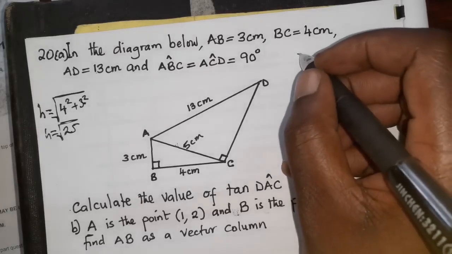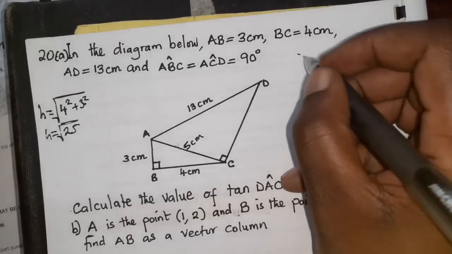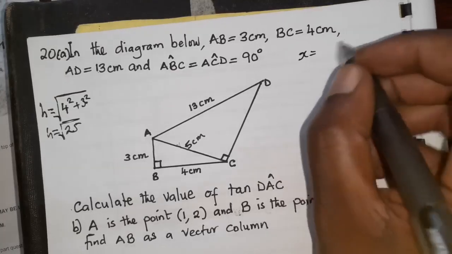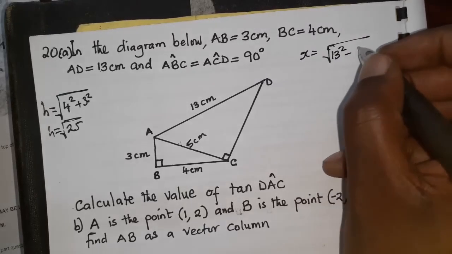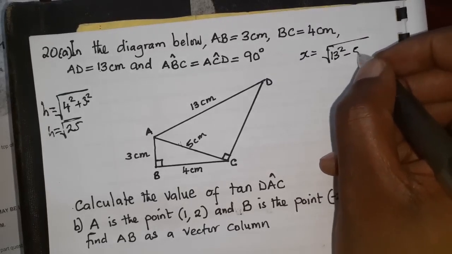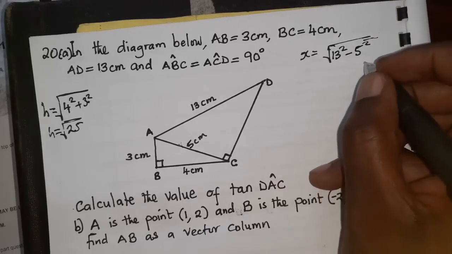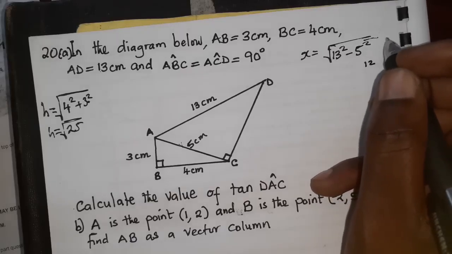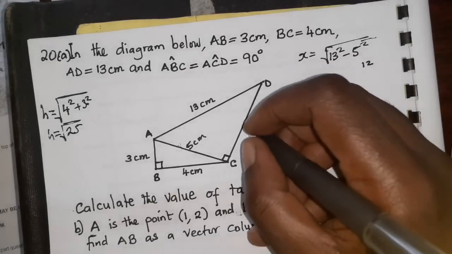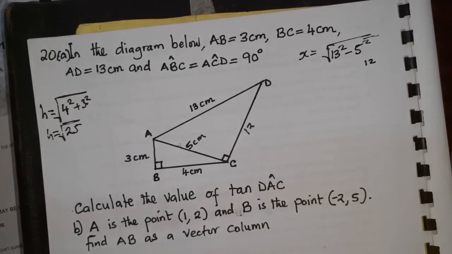This side, we can even call it x, will be equal to 13 squared minus 5 squared. Just do this, you will see that it's going to give you 144, then when you take the square root of 144, you get 12. So this is 12. That is very important for you.